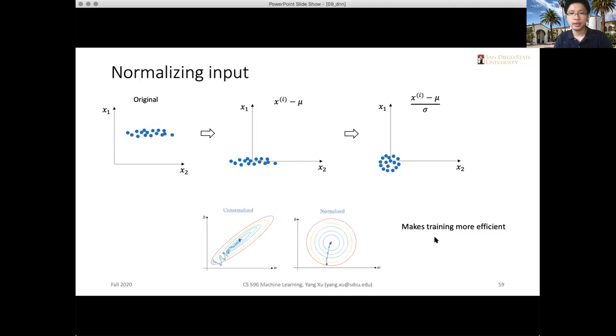Okay, because if you look at the feature space, the cost function is defined upon the W's and b, upon your parameters.